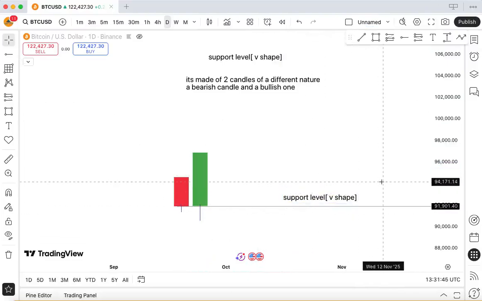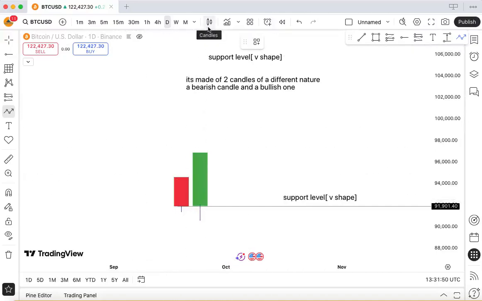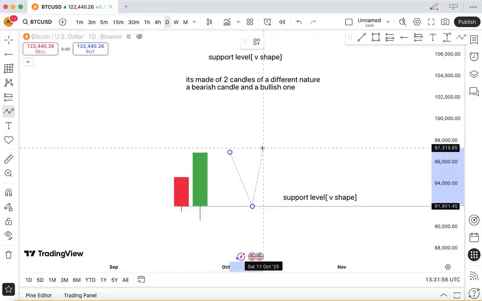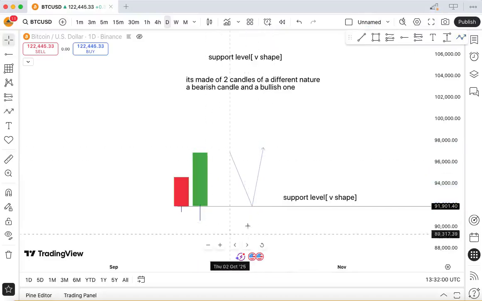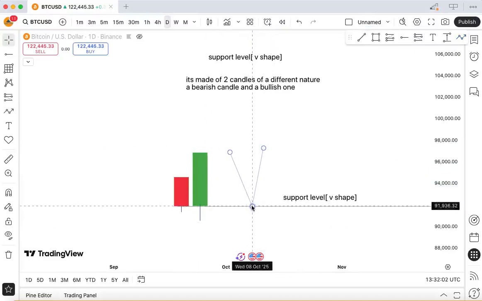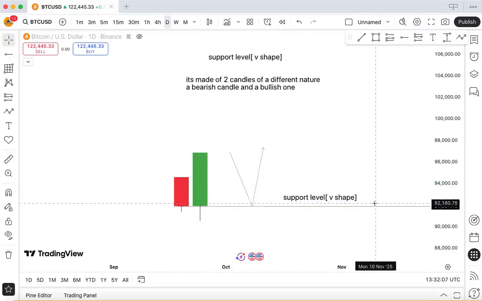Why do we call it a V-shape? Because if you switch from candles to line chart, you will find it will be making something like this, a V-shape. So whenever you are seeing a V-shape, you are having a support level at the edge of that V-shape.